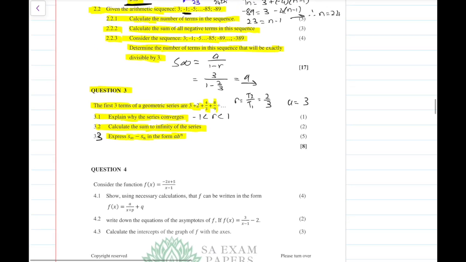So we want to express the sum to infinity minus the Sn in terms of just ab to the power of n. So first up, sum to infinity, as we know, is 3 over 1 minus 2 over 3, well, actually, you don't even have to say that.